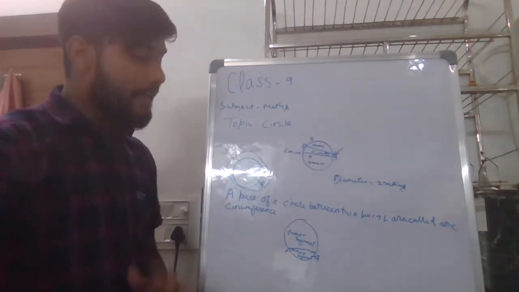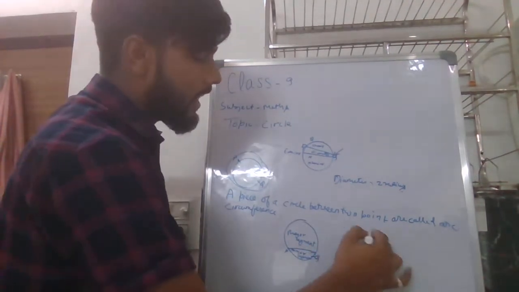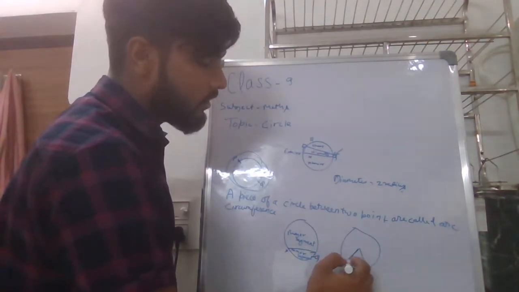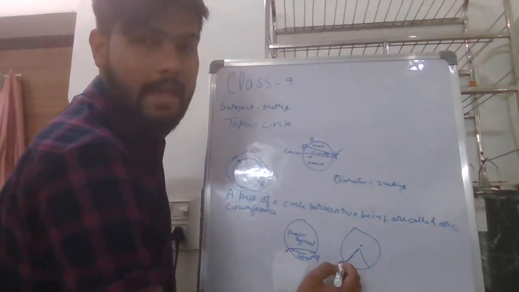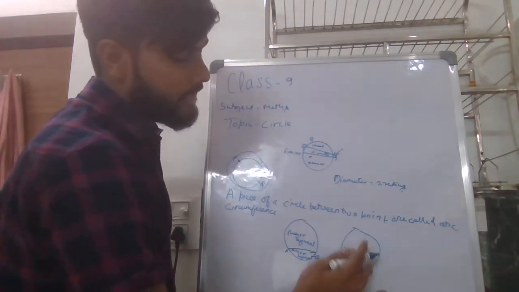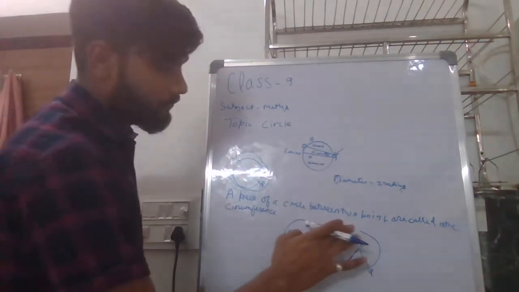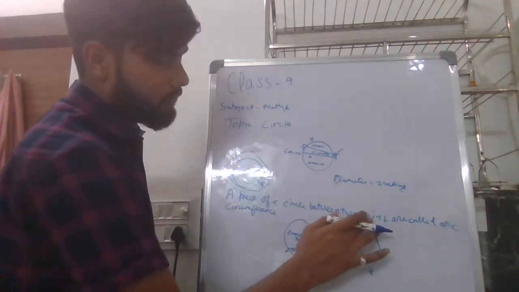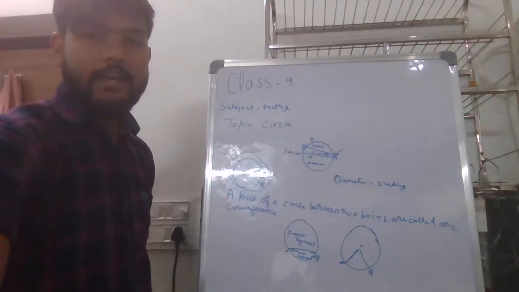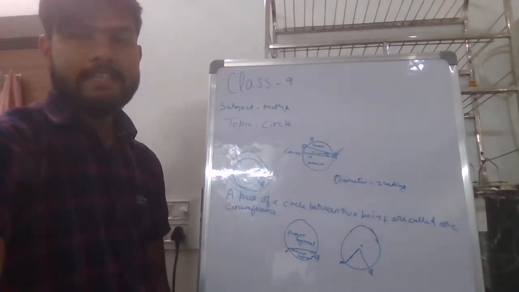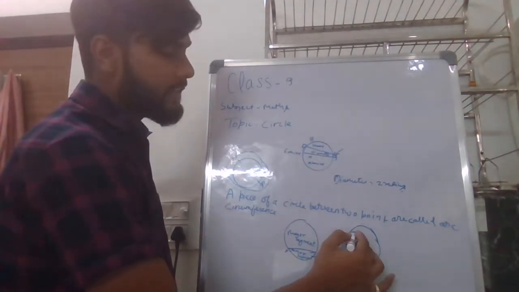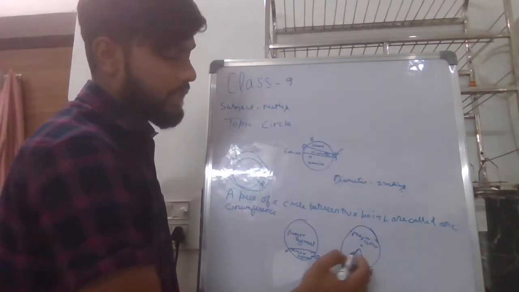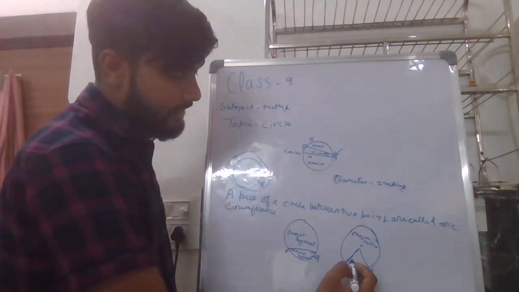If I draw one more circle and make one triangle inside it, named PQO, here we can see that this is the major sector and this is the minor sector.